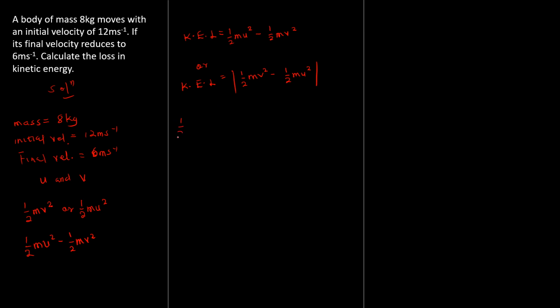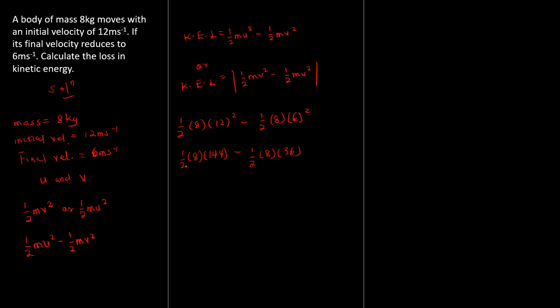So half, and then the mass here is 8, and the initial velocity is 12 squared. And then our final one is half, the mass is 8, and that one is 6 squared. So half times 8 times 144 minus half times 8 times 36.